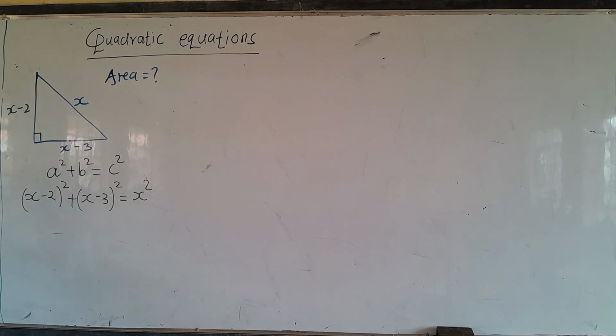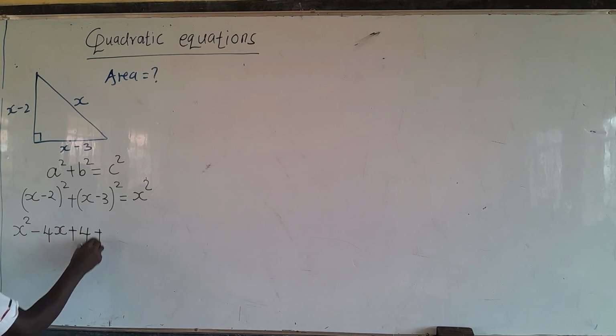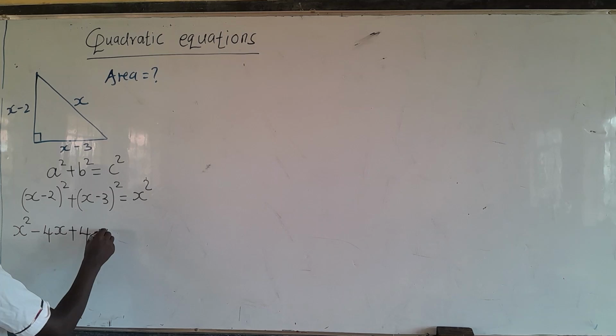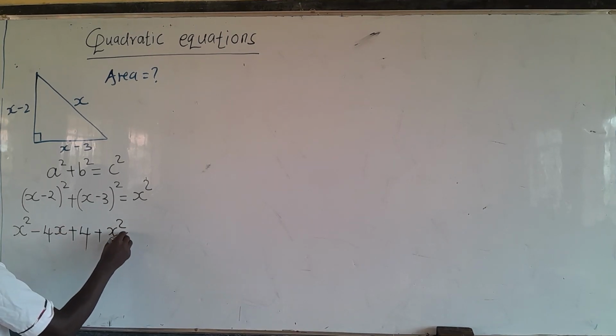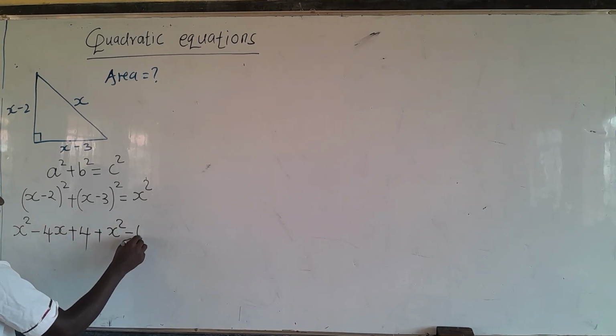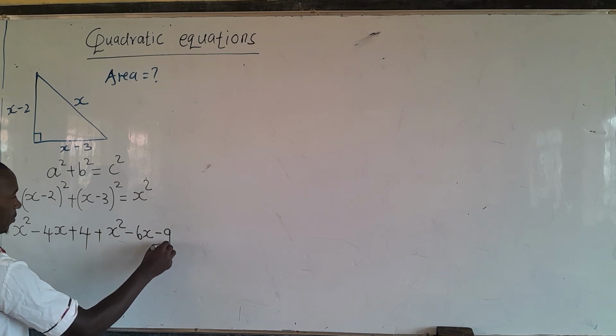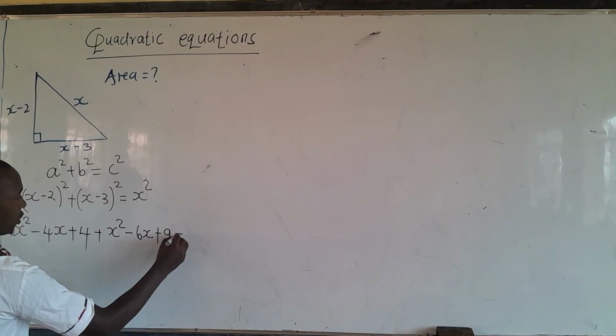To expand the left hand side, we're going to have x squared minus 4x plus 4, that is an identity of expansion. Plus, if you expand this, you're going to get x squared minus 6x plus 9, equals x squared.